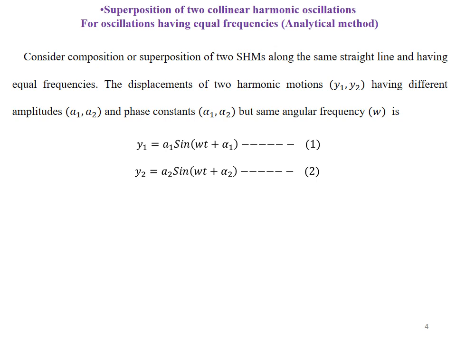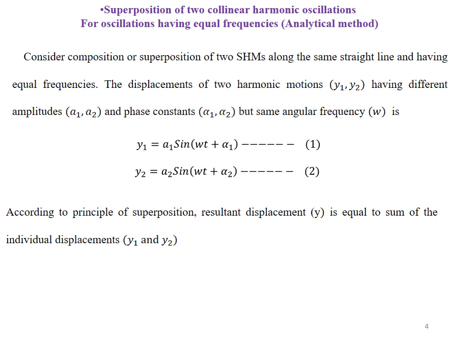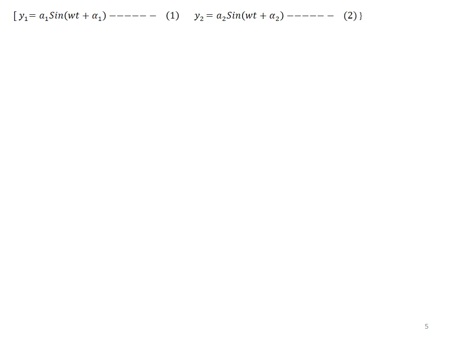According to the principle of superposition, resultant displacement y is equal to y1 plus y2. Then from equation 1 and 2 we write y is equal to a1 sin(omega t plus alpha 1) plus a2 sin(omega t plus alpha 2).